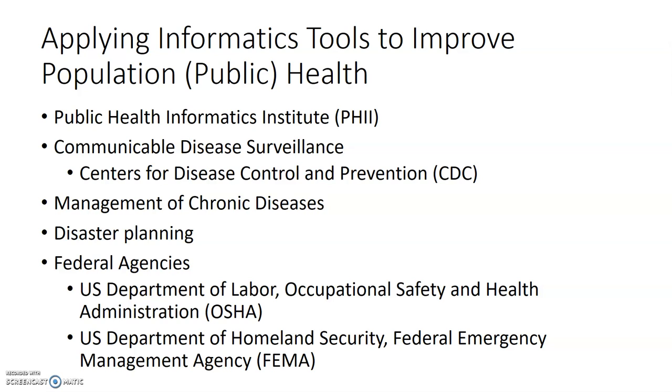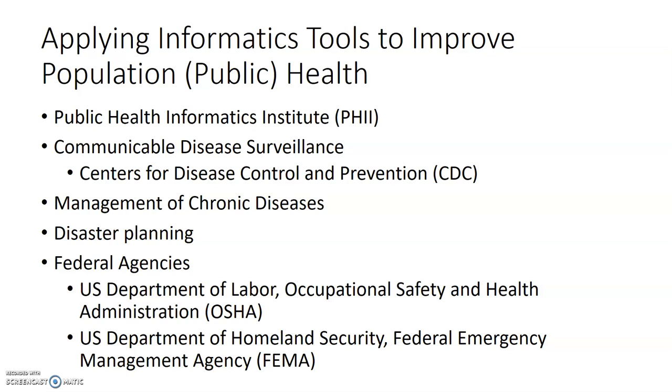The Public Health Informatics Institute, developed at Emory University, promotes informatics in improving worldwide health. They worked with the CDC to develop a framework to electronically report cases of sexually transmitted diseases. The spread of communicable disease can have an adverse effect on one's quality of life and the quality of life in a community.